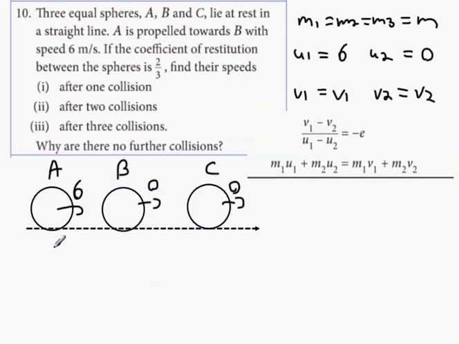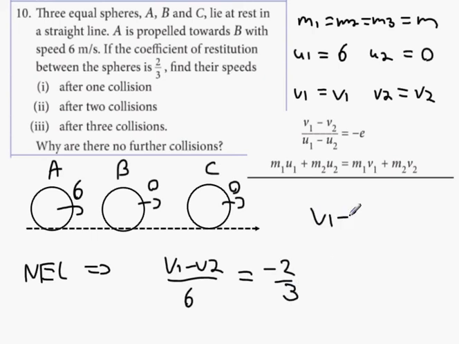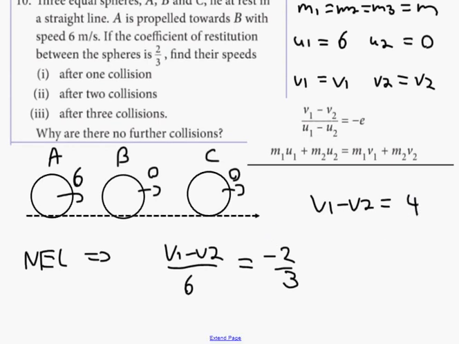Okay, so we go for NEL first. NEL is going to be v1 minus v2 over u1 minus u2, which is 6, equals minus 2/3. v1 minus v2 ends up to be minus 12 over 3, which is minus 4. PCM is this here.